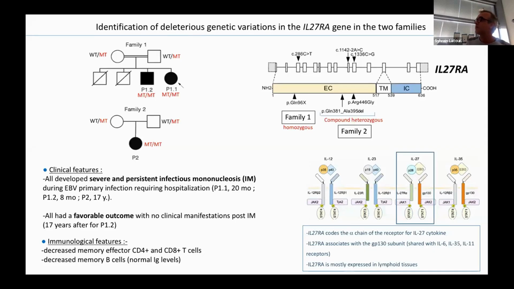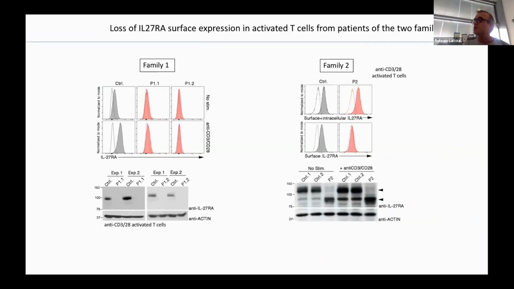The IL-27 receptor belongs to the family of cytokine receptors that share the GP130 subunit, and IL-27RA is mostly expressed on lymphoid tissue. In these patients, we show that this mutation leads to absence of IL-27RA expression on the surface of the T cell, as you can see here.